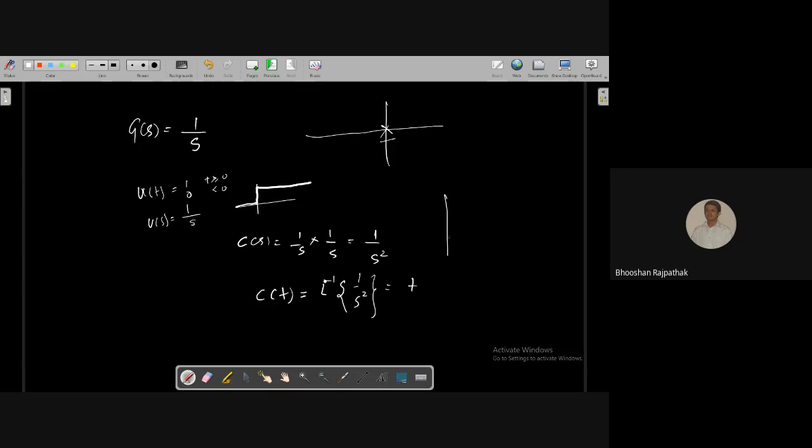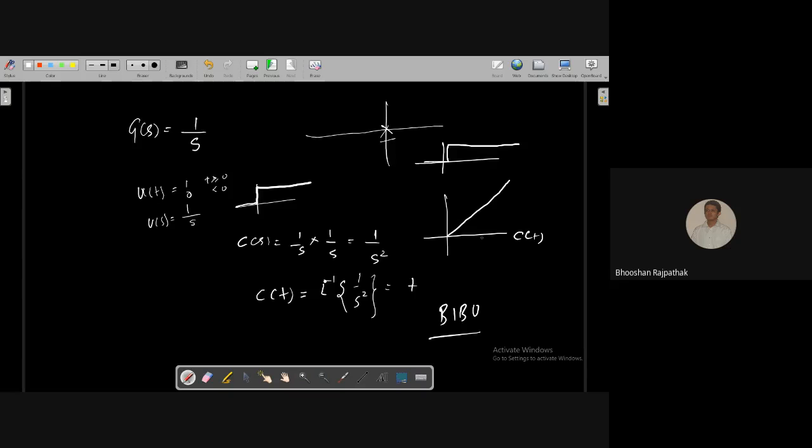So my output will be like this. This is my output, c of t. And my input was bounded, but output is increasing. It is not bounded. Clearly t, if it is my output, it is not bounded. So with bounded input, I am not getting bounded output. Then according to my BIBO stability criteria, this system is not stable.